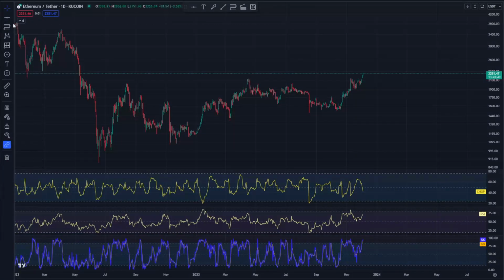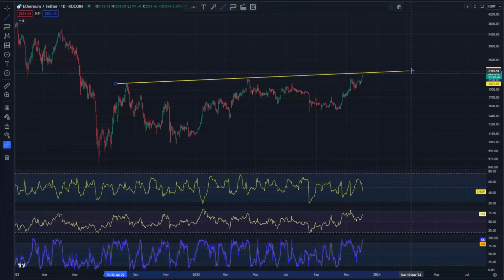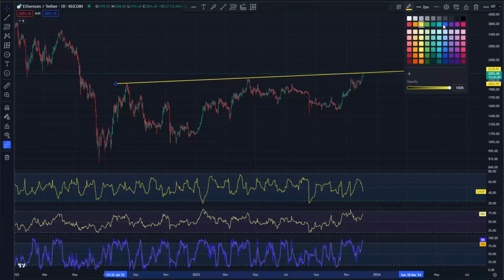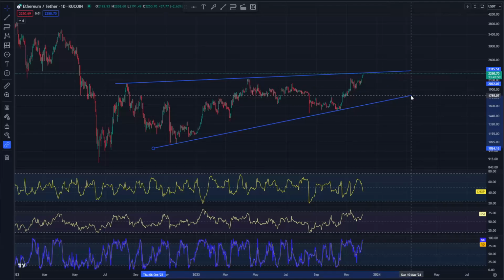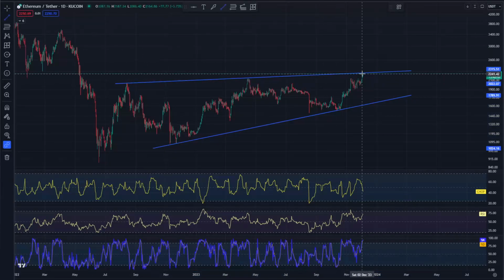Going further, let's move on to the ETH chart also on a one-day time frame. Here, using the blue lines, we will define the upward trend channel in which the price is fighting to go higher. It is worth remembering that such a positive breakout from the channel often results in a movement close to the height of the channel itself.